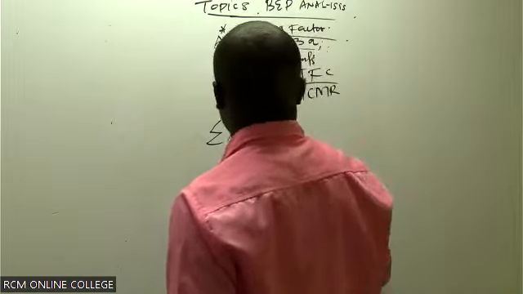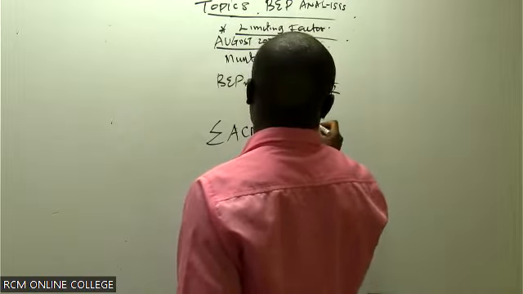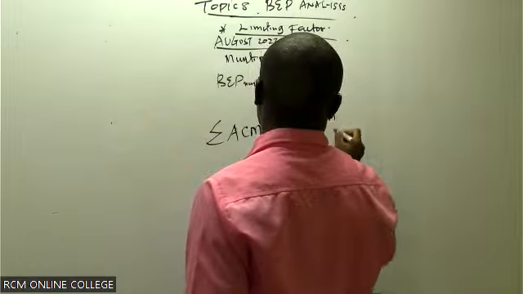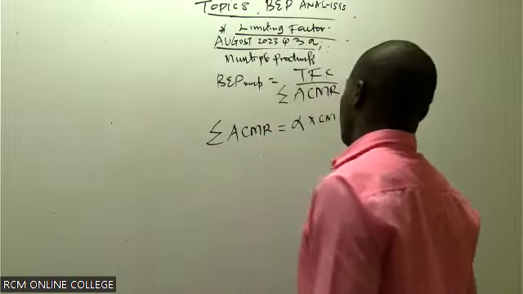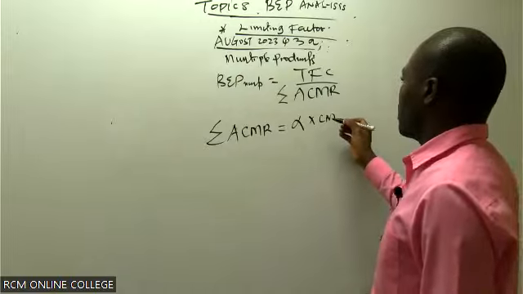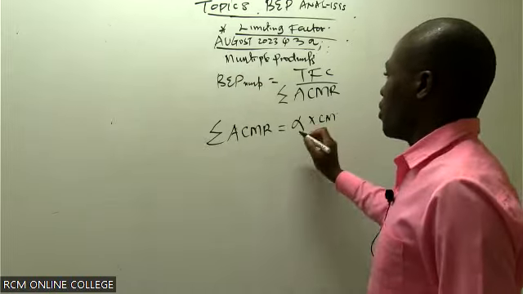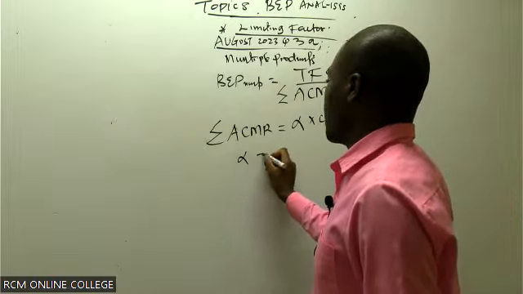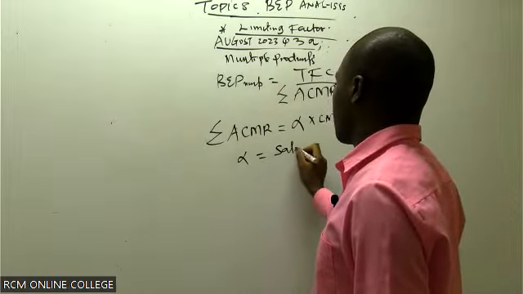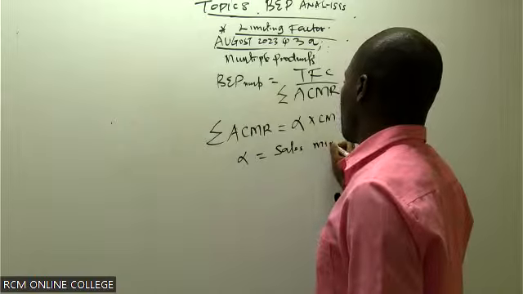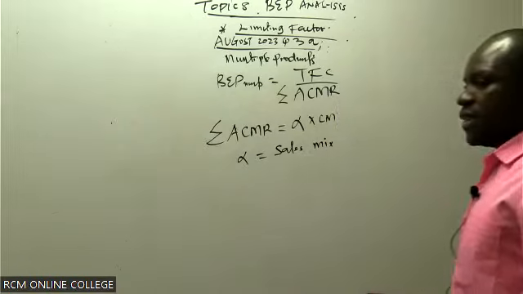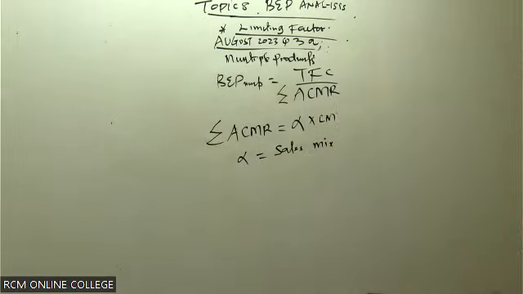The summation of the average contribution margin is basically equivalent to alpha times contribution margin. Now, this alpha is basically the sales mix in units.